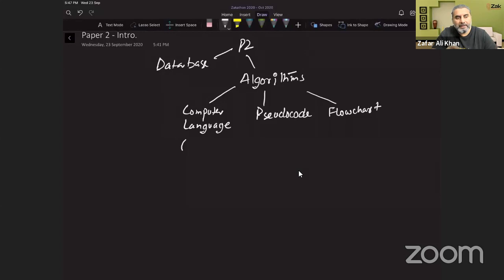All right, but CIE do expect that whatever pseudocode you write, whatever flowcharts you make, you should basically write a program in any computer language relevant to that pseudocode or flowchart, so that you could see how the whole thing is happening. Unfortunately, we are so close to the exam and there are just 8 to 10 days remaining for the completion of this syllabus.